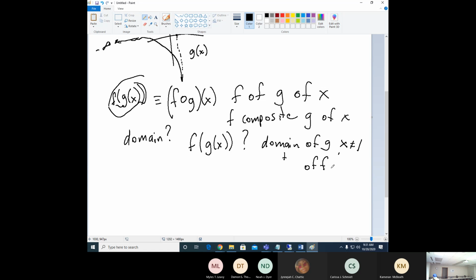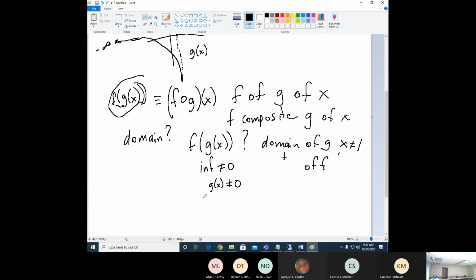Well, we know that f cannot take a 0, so the input into f cannot be equal to 0. Okay, so what I have to figure out is, when will g of x ever be equal to 0? So composition of f of g of x means g of x better not be equal to 0, because that's what we're feeding into f of x here in the composition.